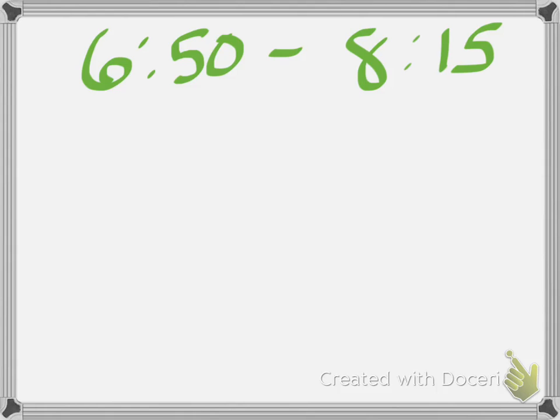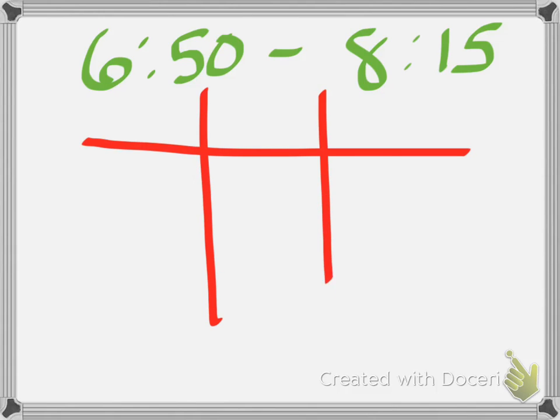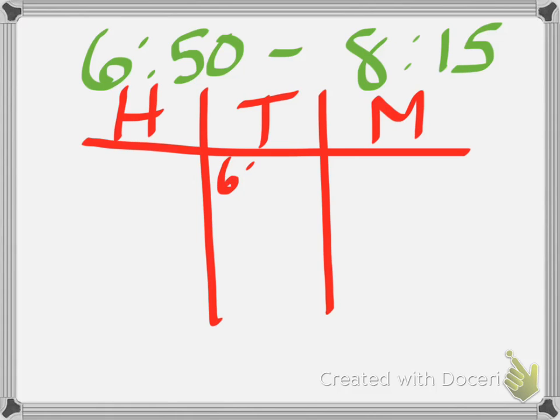Alright, so hopefully you went ahead and paused and you tried it on your own. You're back. The first thing you did was create this graphic organizer. You have time, hour, and minute. You put your beginning time, which is 6:50 right there, and then you go to the next hour, which is 7 o'clock.